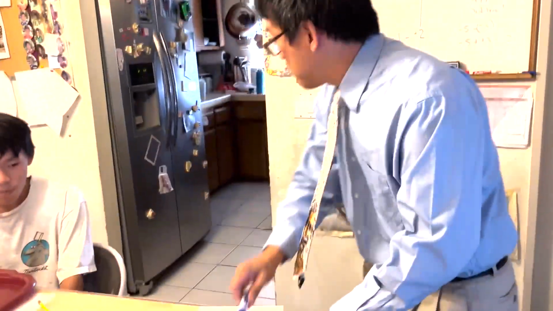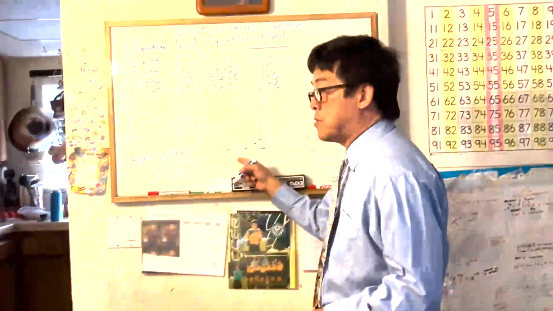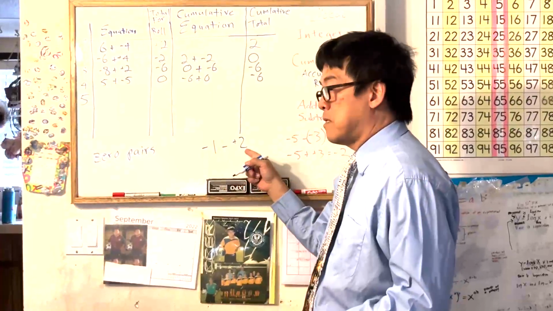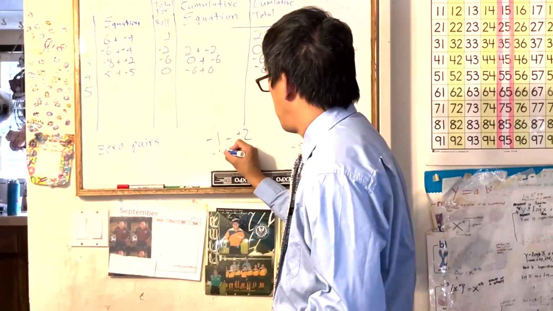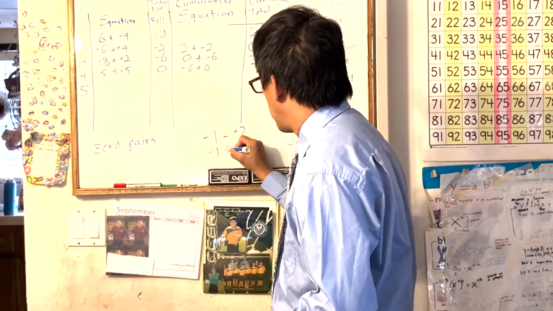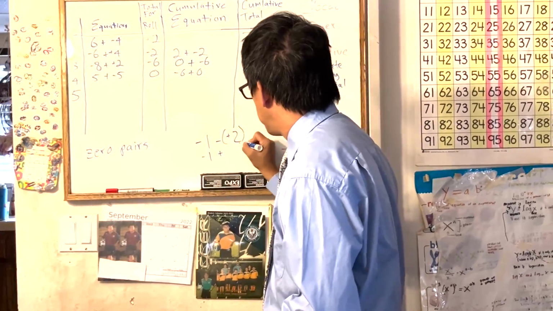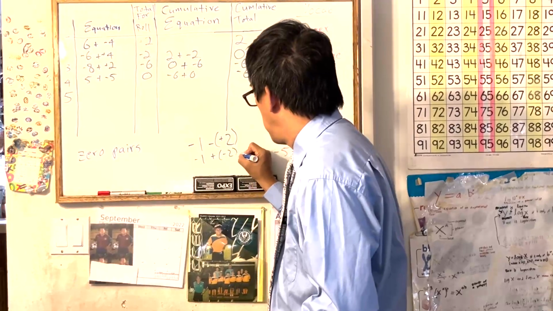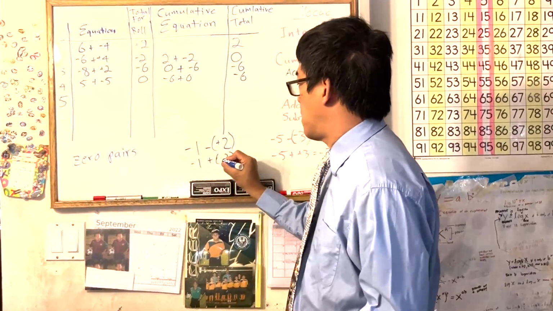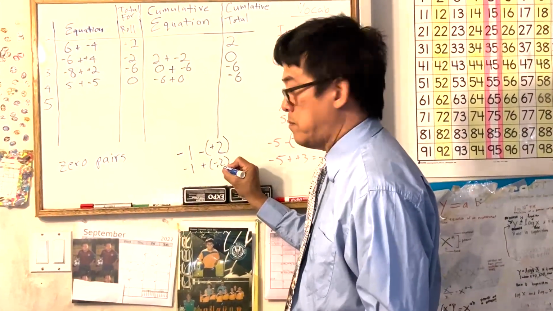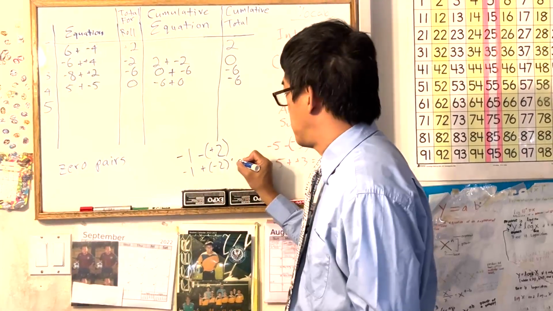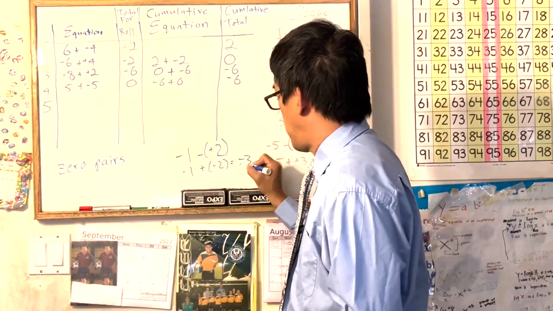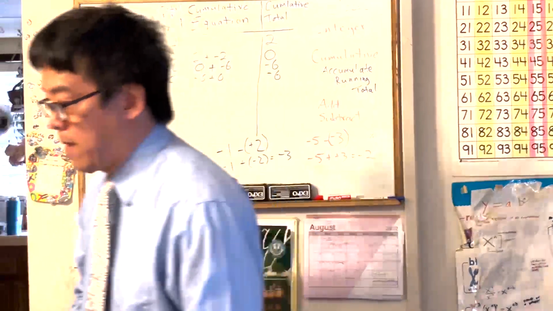Or we can use the subtraction rule. When you subtract a number, you add its opposite. So -1, we're going to add the opposite. What's the opposite of +2? -2. So 1 red, right? And 2 reds gives us -3. 3 reds. Okay, question?